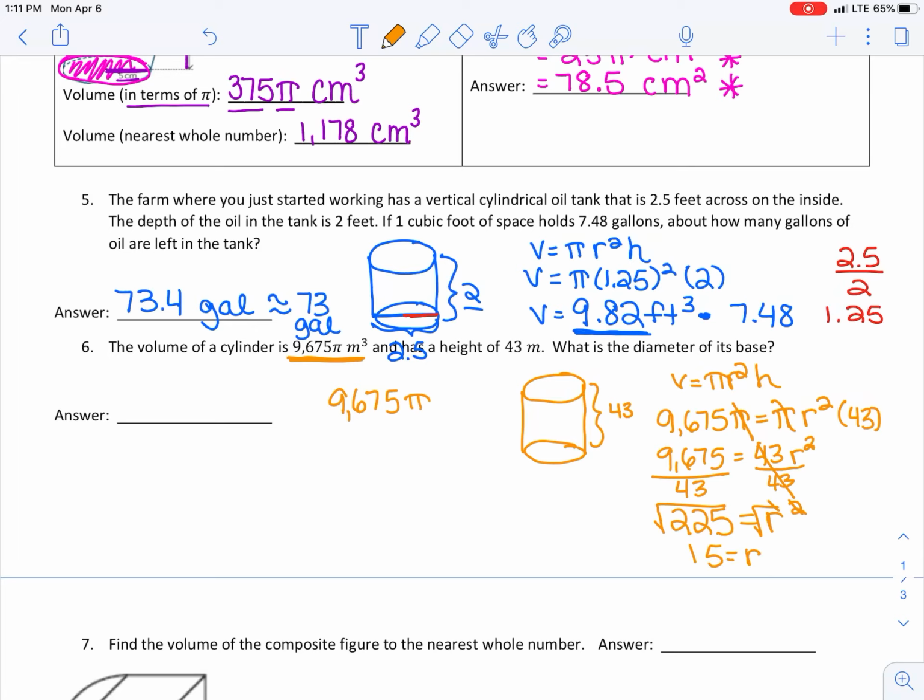Okay, but the question isn't asking us for the radius. It's asking us for the diameter. So what we need to do with that radius is multiply that by 2 in order to find the entire distance across the base. So that's going to be 15 times 2 is 30 meters.